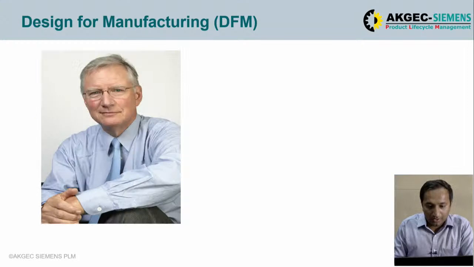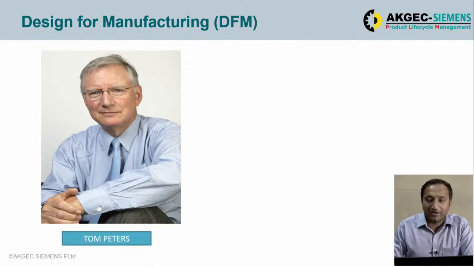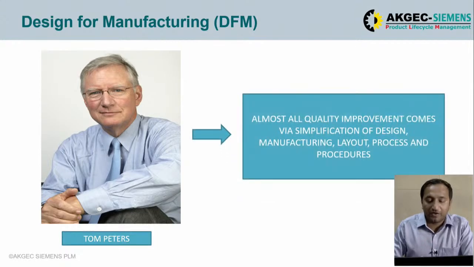I generally start my presentation with a quote, and on screen you are seeing Mr. Tom Peters. He is a very renowned author in the field of design for manufacturing, and there is a very famous quotation used by many engineers: almost all quality improvement comes via simplification of design, manufacturing layout, process and procedure.